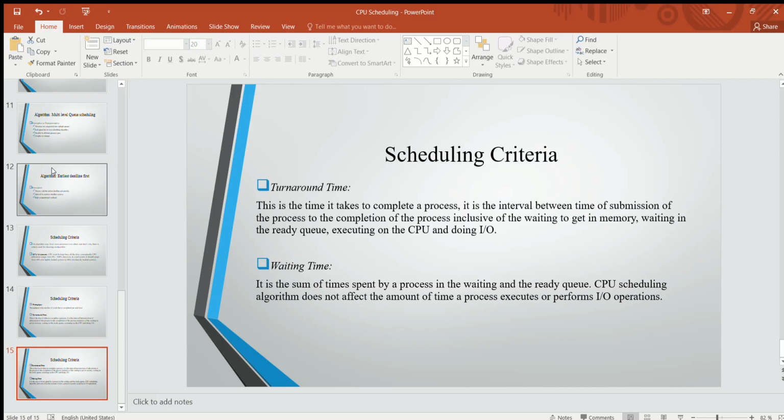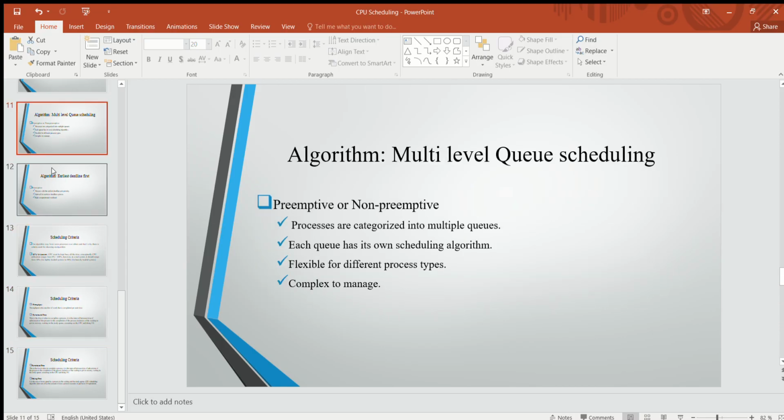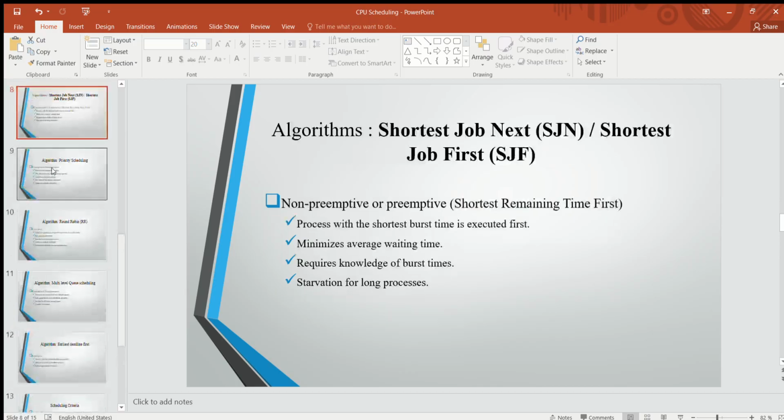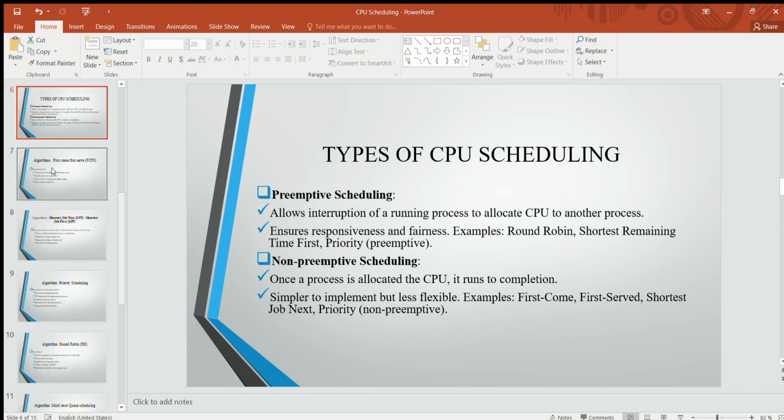So we are saying that the criteria for CPU scheduling has to do with CPU utilization, throughput, waiting time, and turnaround time. CPU scheduling is a very important part of operating systems.